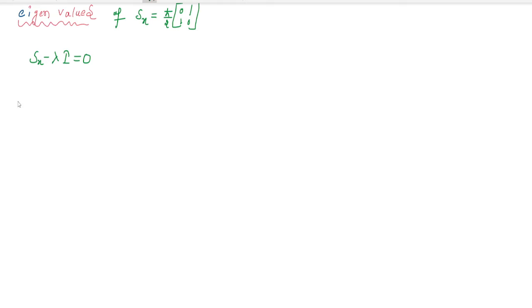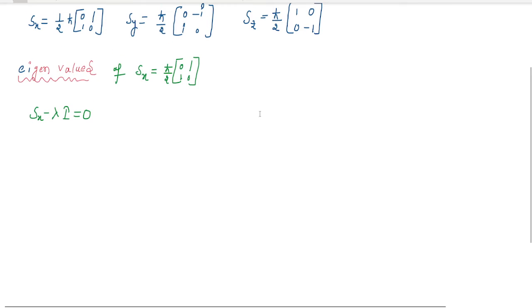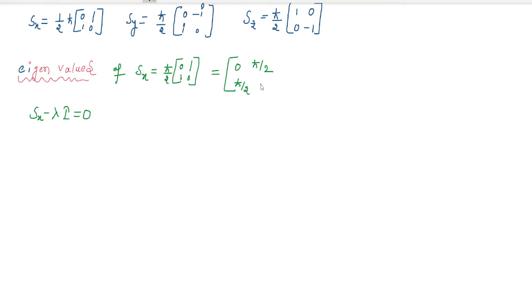So we can write Sx like this: 0, h cross divided by 2, h cross divided by 2, 0. Okay, this is Sx.